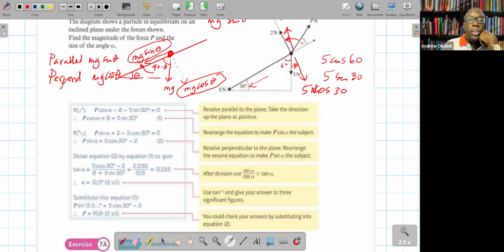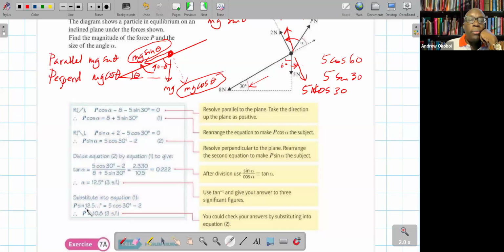Here they chose equation 1 and they substituted it as P sine 12.5 equals 5. Actually, they said equation 1 here, but it's actually equation 2 they used here. There's a typo here. P sine alpha is equal to 5 cos 30 minus 2.